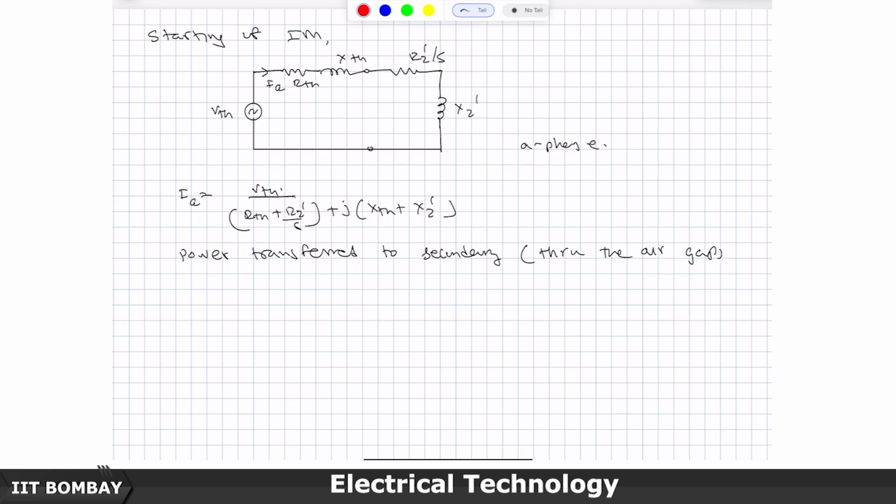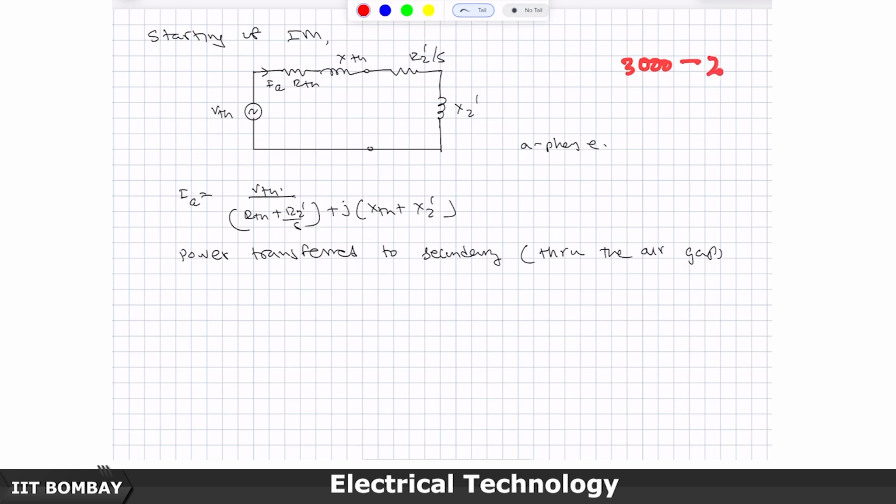This is what represents the secondary circuit in the equivalent circuit, and please recall this is not R2 dash, but R2 dash by S, where S is the slip of the machine, which is the synchronous speed minus the mechanical speed divided by the synchronous speed. So, suppose you have a 2-pole machine 50 hertz, then its RPM is 3000 synchronous.